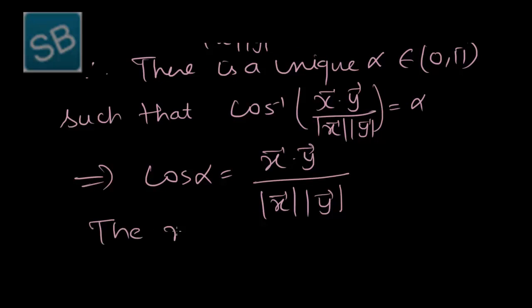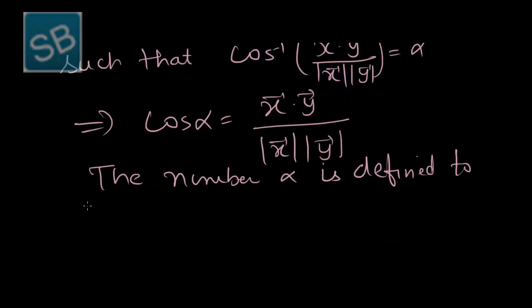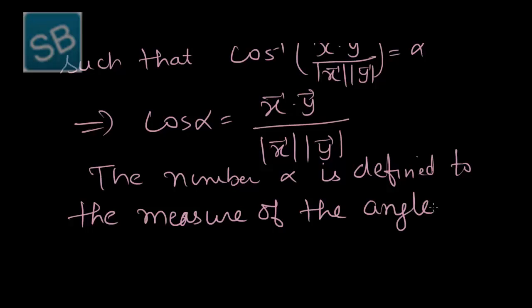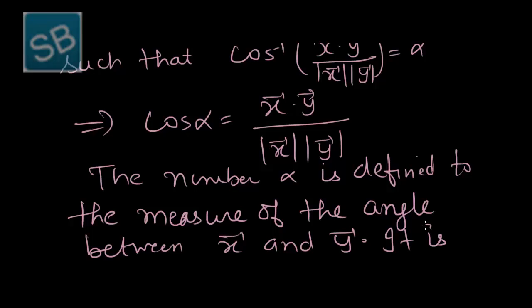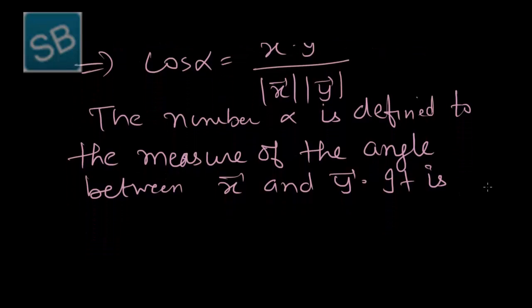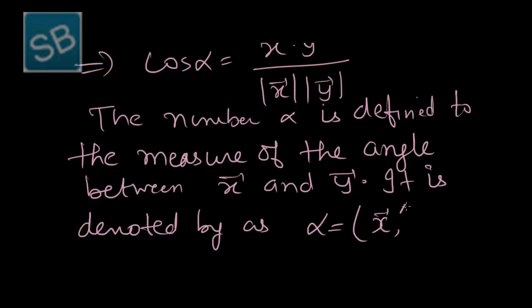So the number alpha is defined to be the measure of angle between vector x and vector y, and it is denoted as alpha is equal to the angle between vector x and vector y.